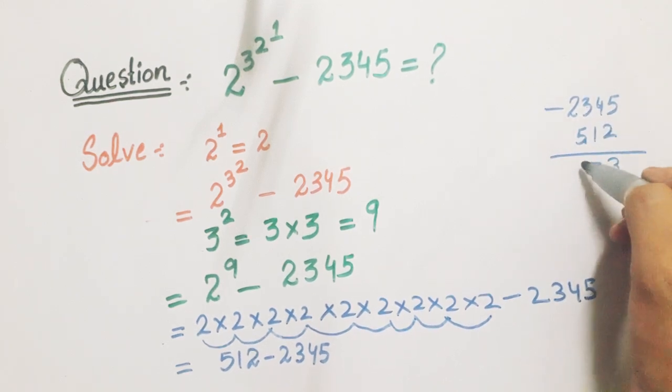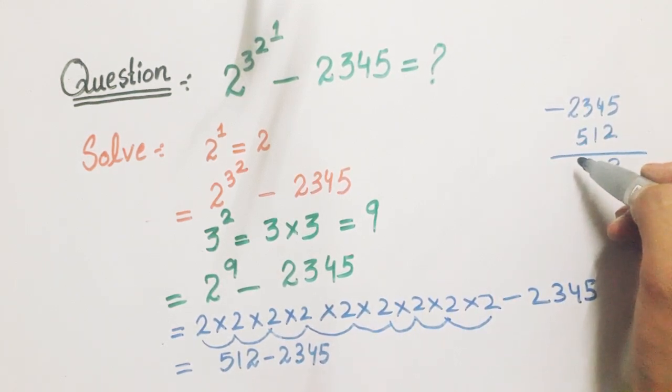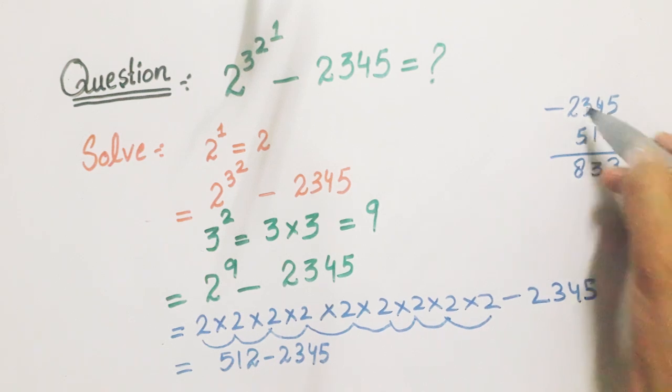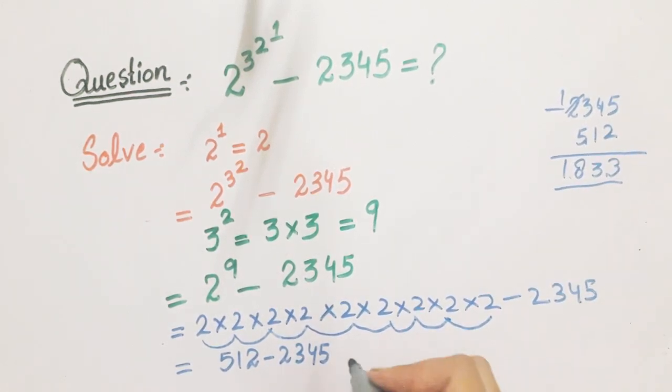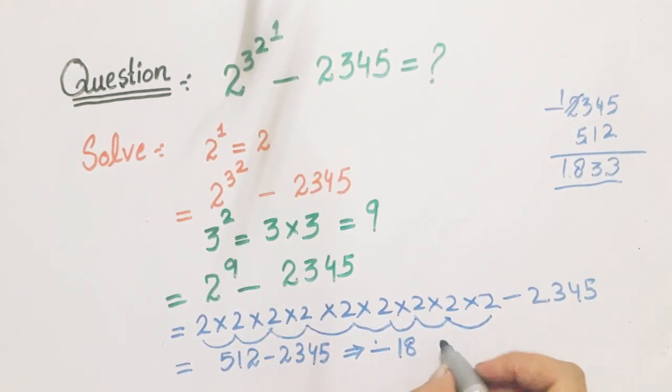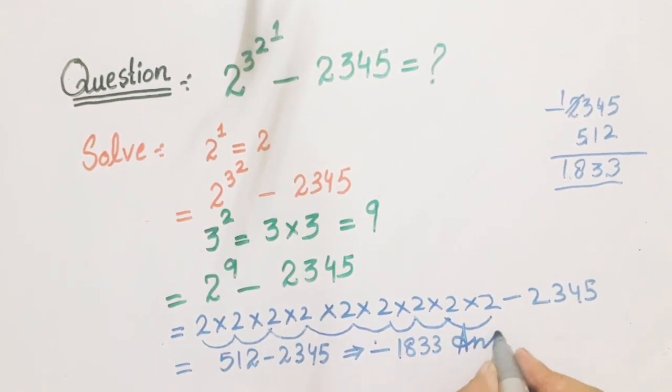So 13 minus 5 is 8. And remaining is 1. So 1833. So our answer will be minus 1833. So this is the answer.